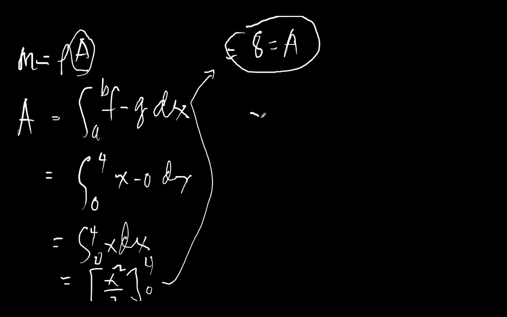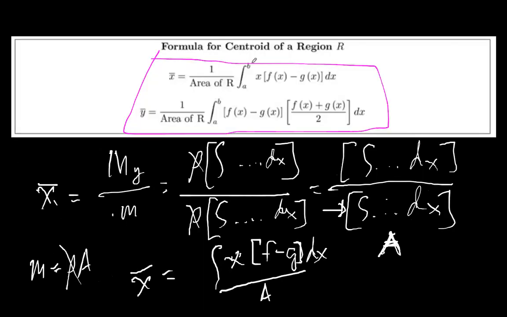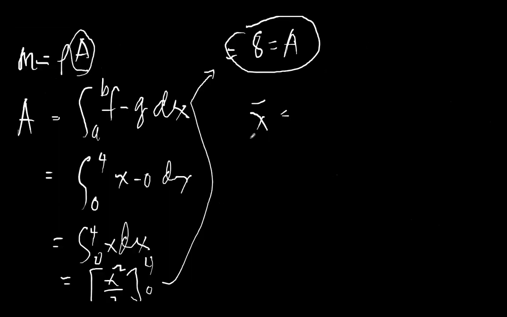Okay, so we're now ready to solve for the center. The x bar is equal to, the formula is this, right? So we have already solved this. x bar is equal to m sub y over m, but we have already simplified this into the area times something like that.